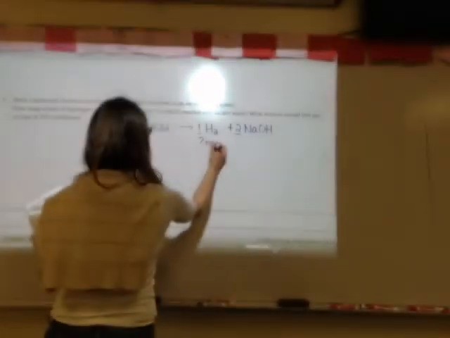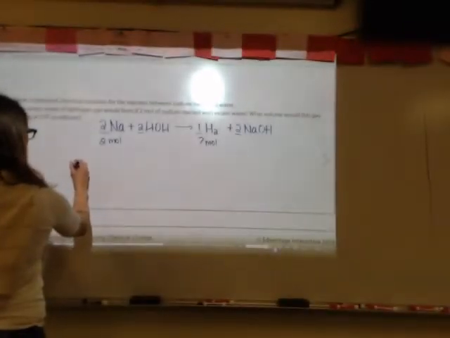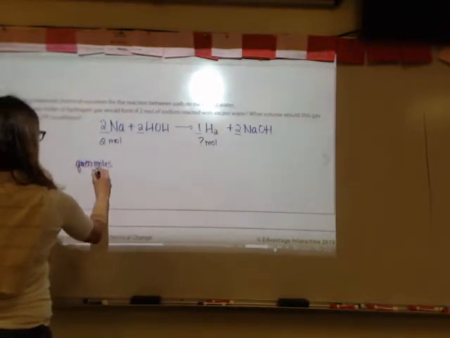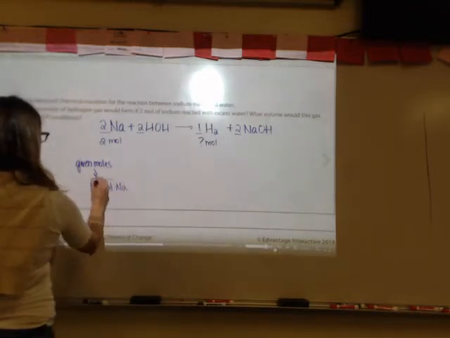How many moles of hydrogen gas will form if 2 moles of sodium reacted with excess water? Okay, so I've got a mole to mole conversion. So this is a one-step problem. So I'm given moles, right? I've got 2 moles of sodium. So this is what I'm given here.